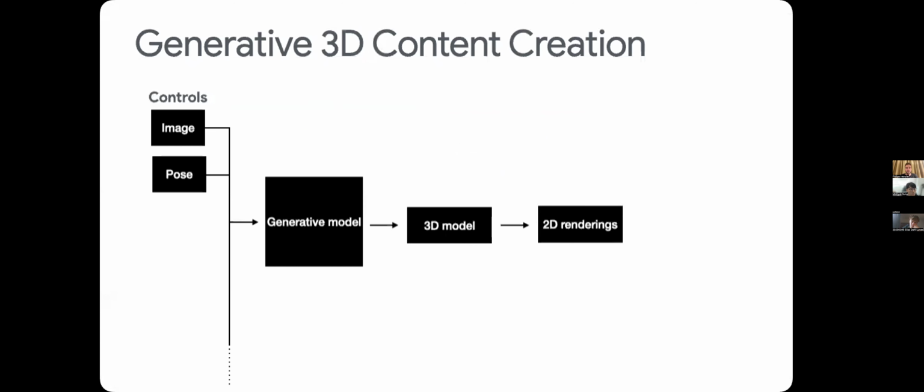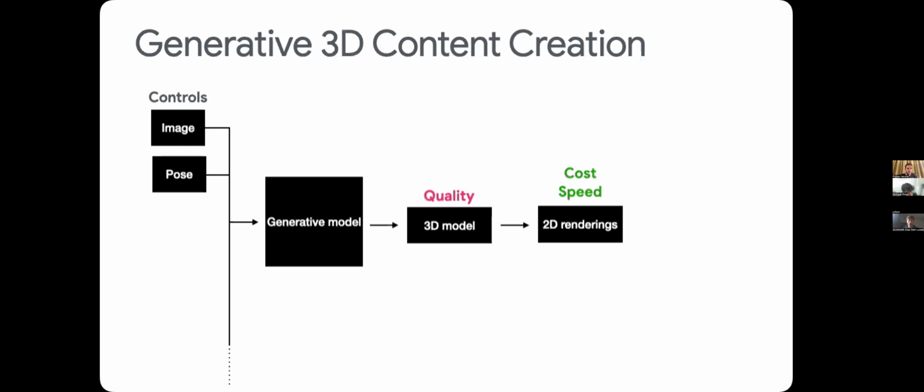This has a significant advantage because once you have that 3D model, you can render the model from any view, which is very fast and cheap. This makes it perfectly viable for real-time applications on mobile devices like phones and tablets. But the downside is that the overall quality of those results is quite low.